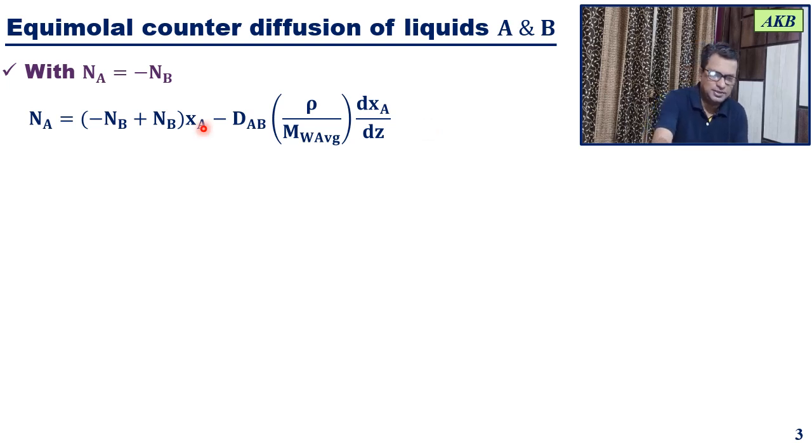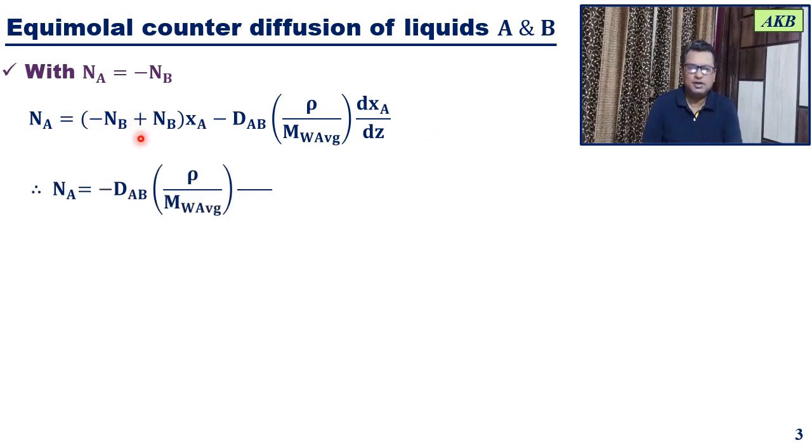Next step, you can straight away tell this term will become 0, the reason is minus Nb plus Nb is 0. So you are just left with this short equation: Na is equal to minus Dab rho upon Mw average into dXa by dz.